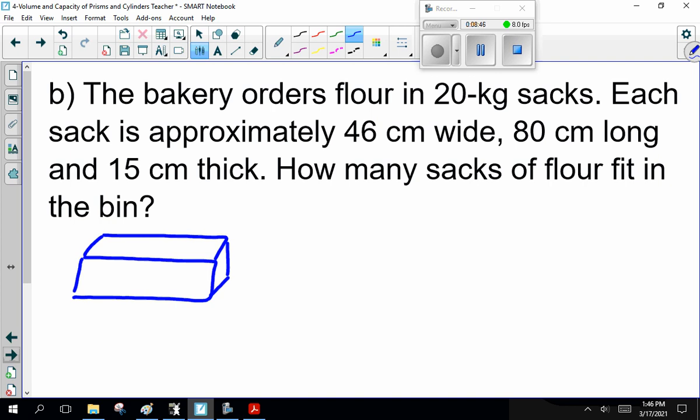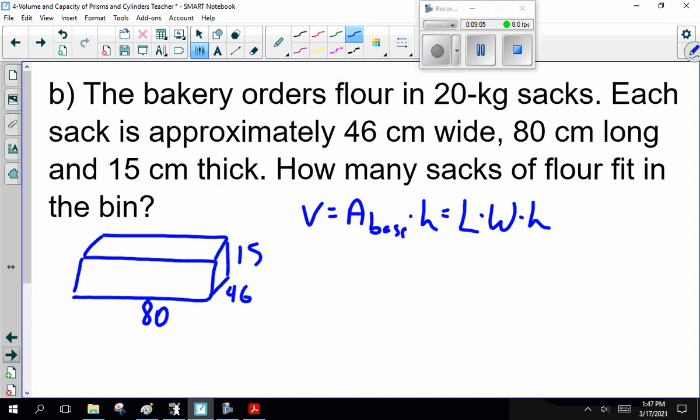So, 15 centimeters, 46 centimeters, and 80 centimeters. Right? So volume, area of base times height, or length times width times height. 80 centimeters times 46 centimeters times 15 centimeters.